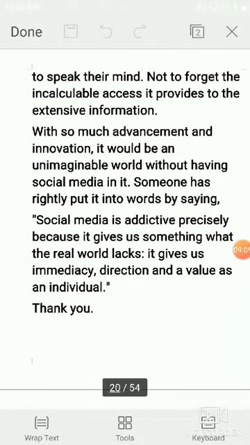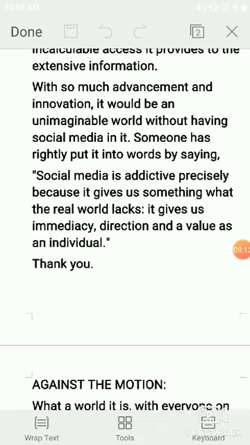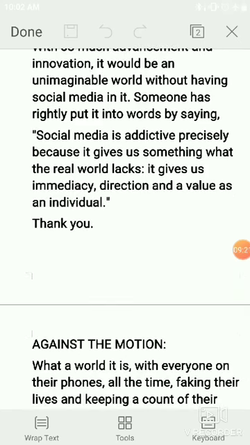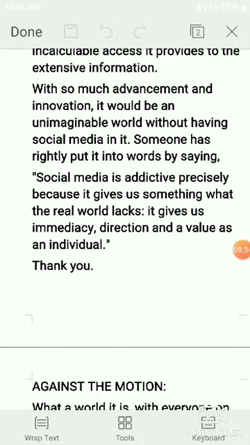Not to forget the incalculable access it provides to extensive information, with so much advancement and innovation. It would be an unimaginable world without social media in it. Someone has rightly put it into words: social media is addictive precisely because it gives us something the real world lacks. It gives us immediacy, direction and a value as an individual. Thank you. This is for the motion.